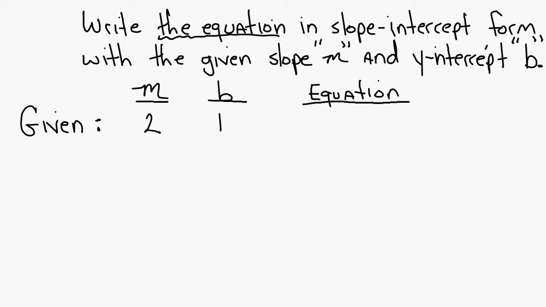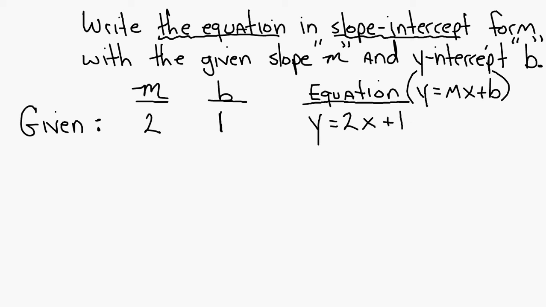Your equation in slope-intercept form will be y equals mx plus b. So the slope goes next to the equal sign, so the 2 goes right here. Then the letter x. And then the y-intercept, which in this case is positive 1. So that's your equation in slope-intercept form.